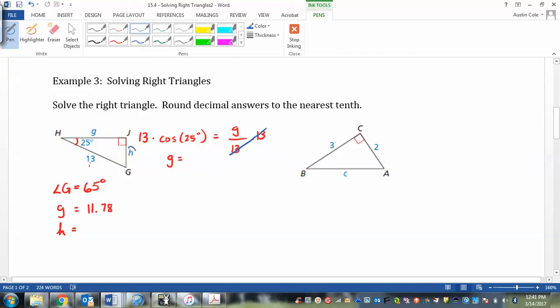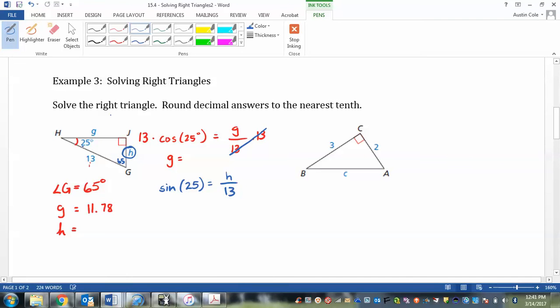So let's find h now. If I'm going to find h, relative to this angle, this is my which side? Opposite. Opposite over hypotenuse. So I can say sine, because sine is opposite over hypotenuse, so sine of 25 degrees equals the opposite, h, over 13. Yes, this is 65 degrees, but we can do either way.